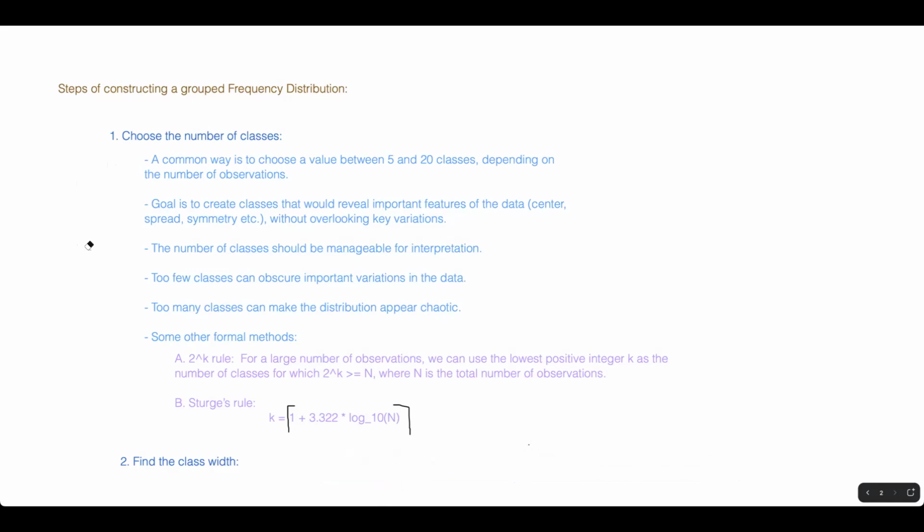So I'll just write it one more time. Class width, let's abbreviate that as C.W., equals max observation minus min observation divided by the number of classes k, and then we simply round it up.